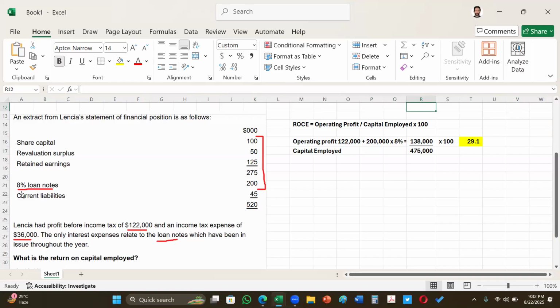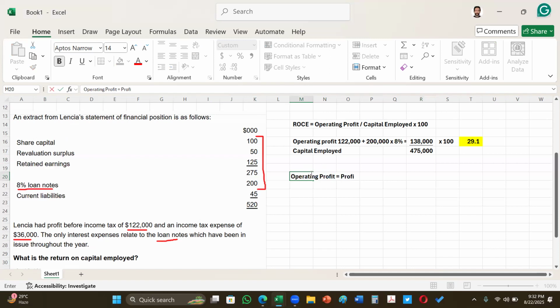Sir, how will I know that I'm supposed to add the interest? The thing to see is, what is this thing in the formula? It is the operating profit. What is operating profit? Operating profit is profit before finance and tax.